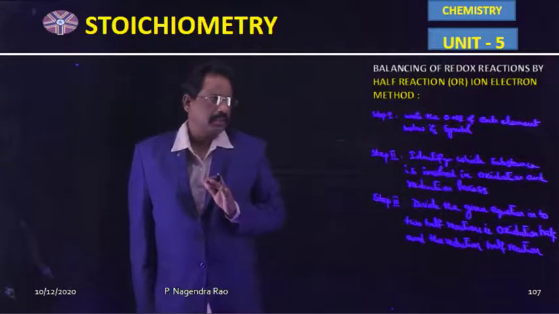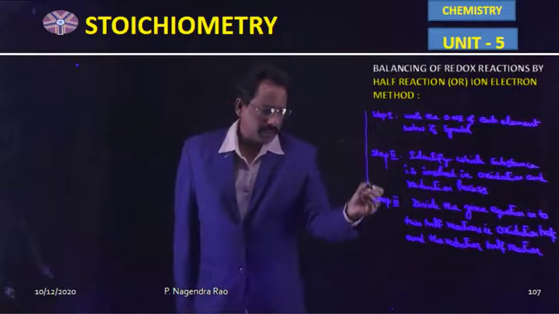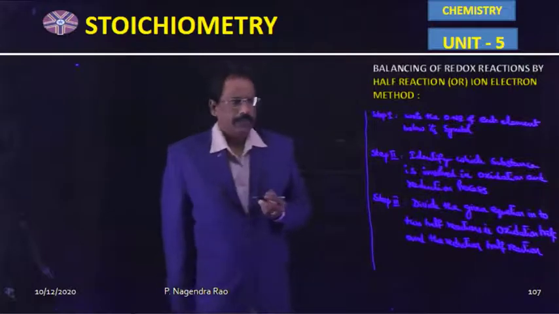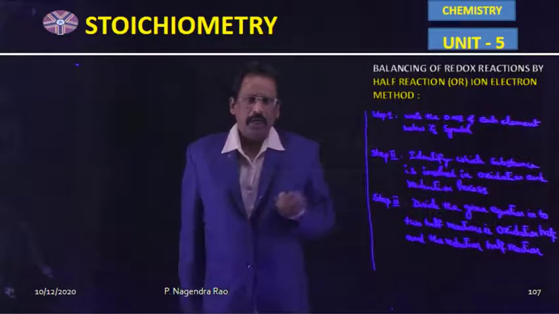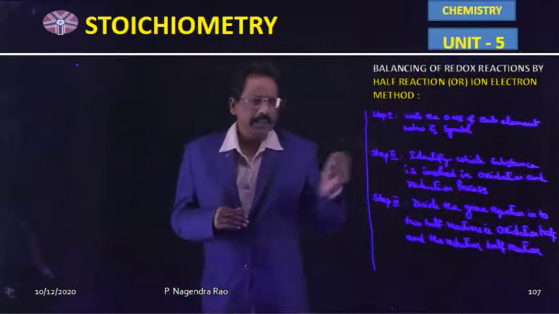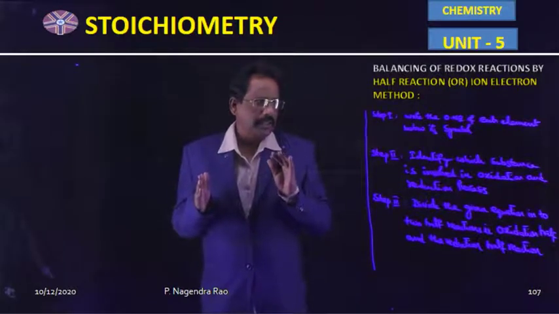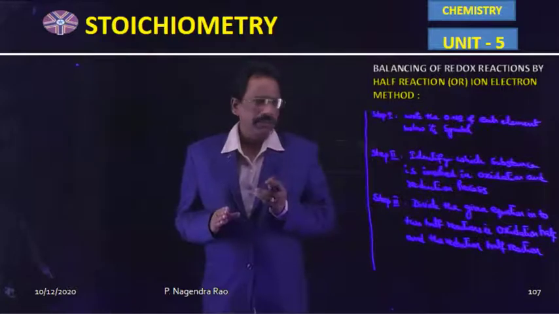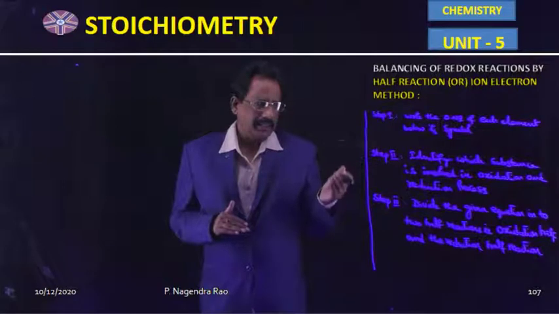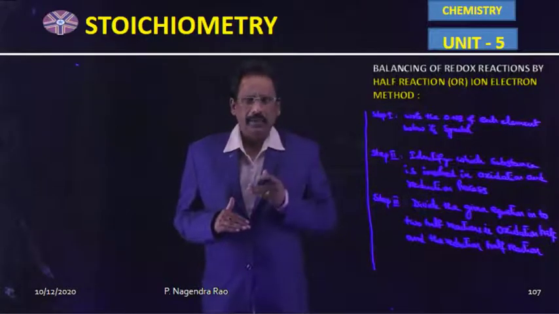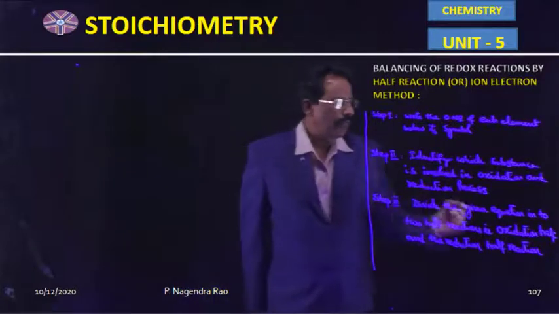So the first one is write the oxidation number of each element below its symbol according to the rules, and then identify which substance is involved in increase in oxidation number process and decrease in oxidation number process, and then divide that skeleton equation, that means the unbalanced equation, into two half reactions.